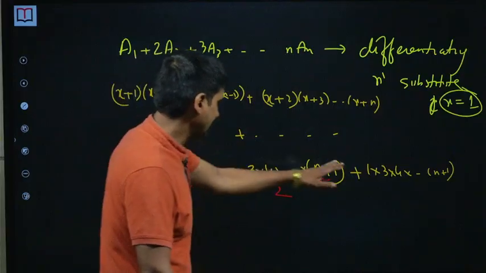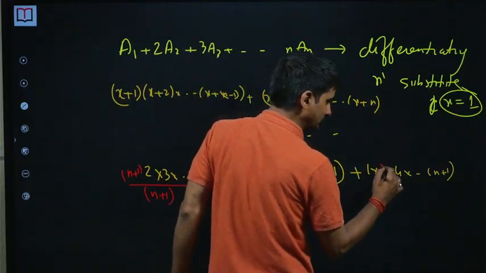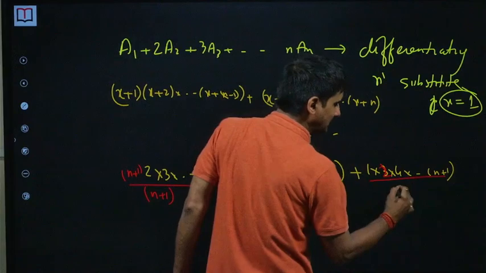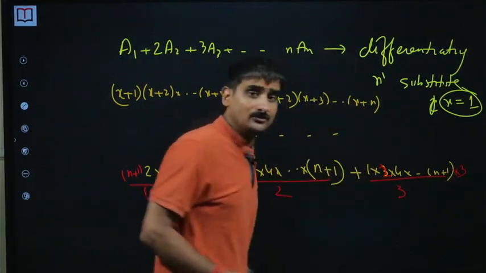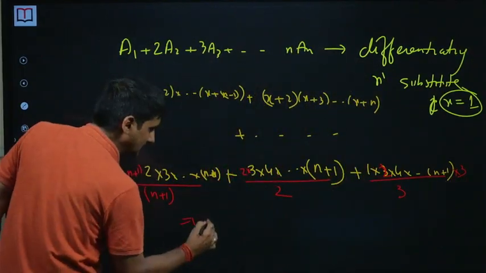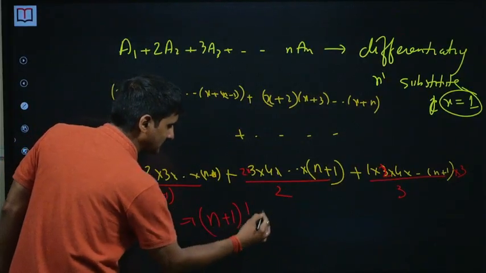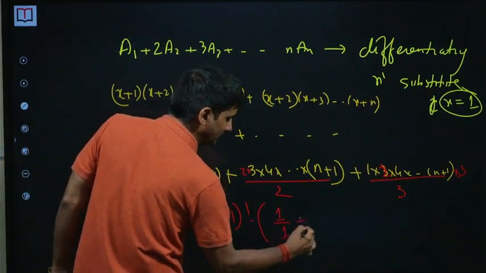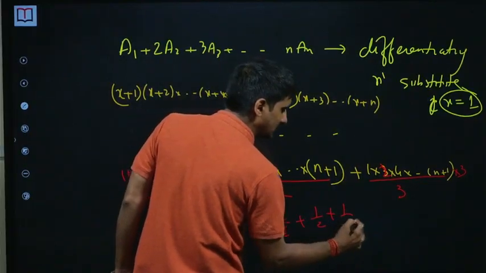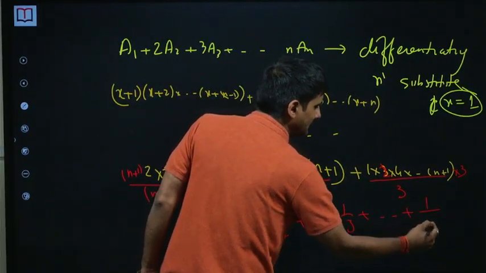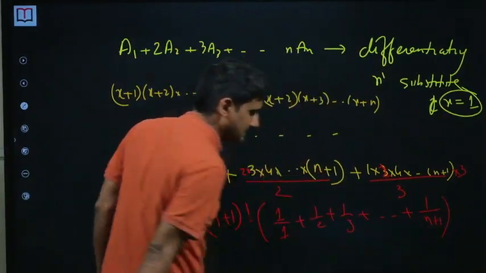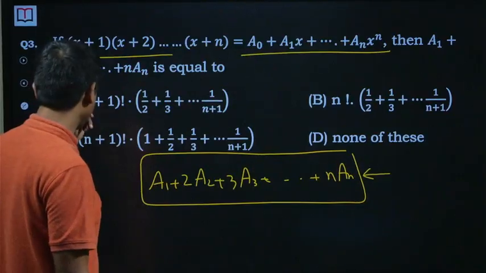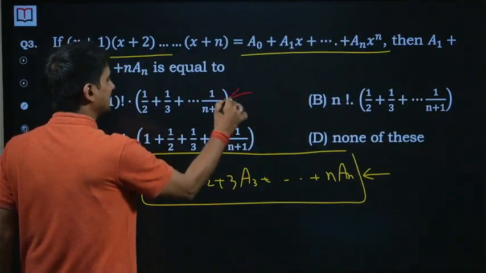So maybe it's 1 into 2 into 4. So multiply and divide by 3. So every time you get n plus 1 factorial in the numerator, and 1 by 1 plus 1 by 2 plus 1 by 3 and so on up to 1 by n plus 1. That's it. So that should be the answer.